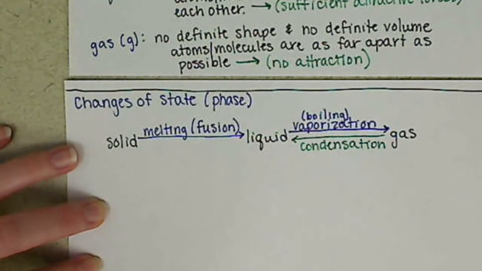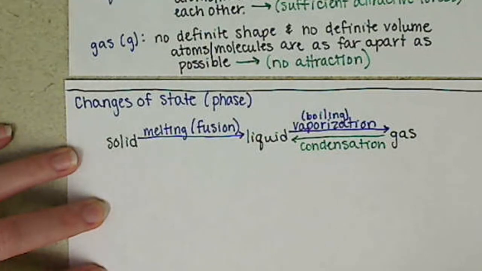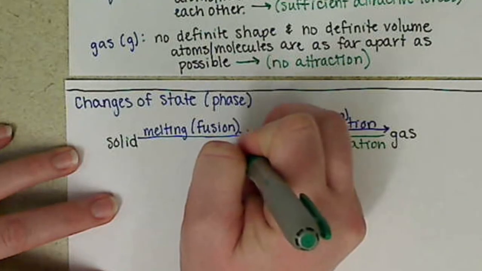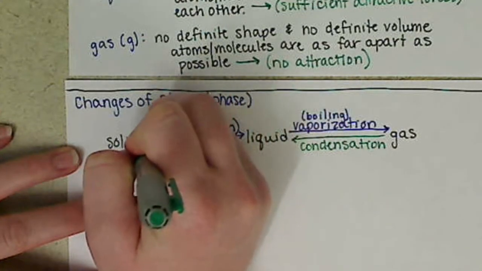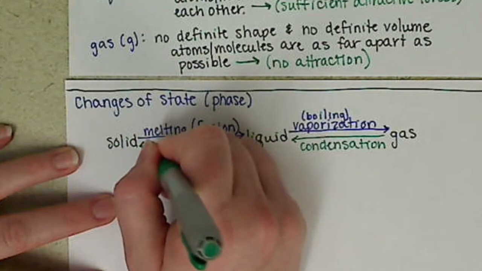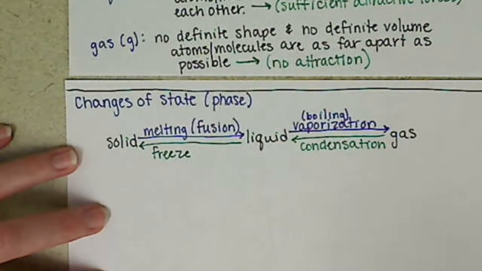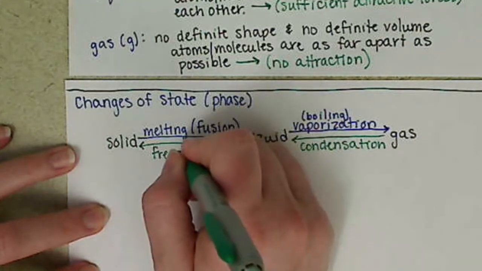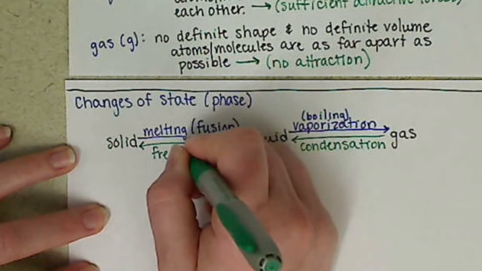That's usually what happens to your windshield overnight, most of the time in the Pacific Northwest. And since it's winter, if it gets cold enough, we can take that liquid water and freeze it into a solid. So this is freezing.